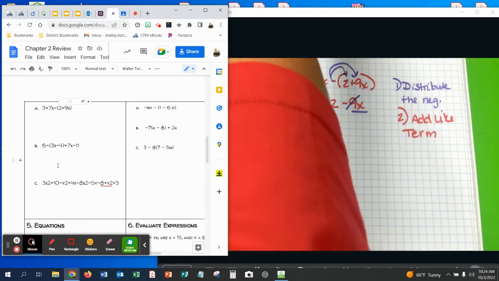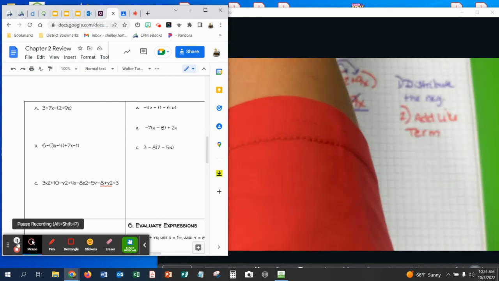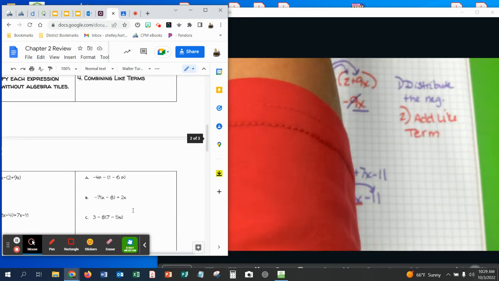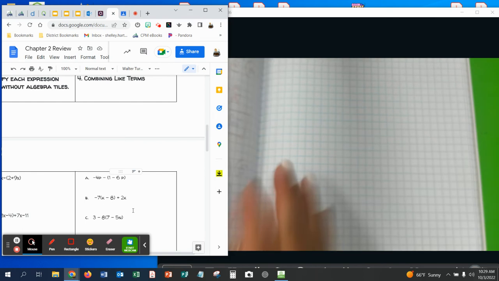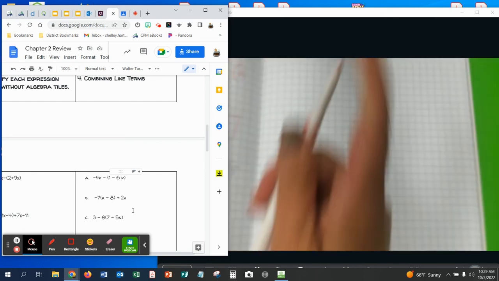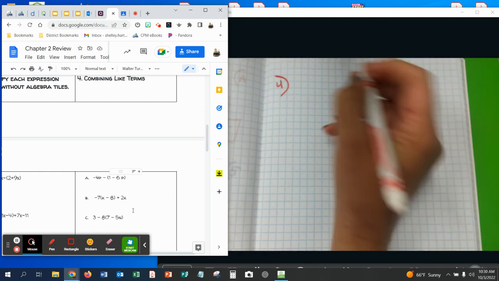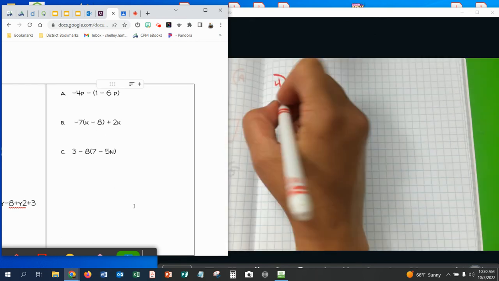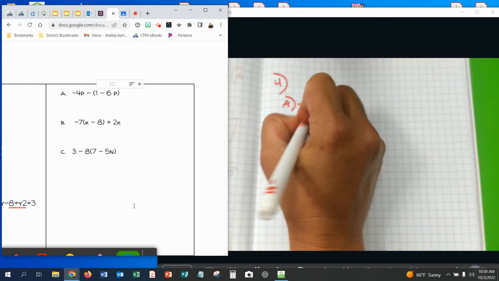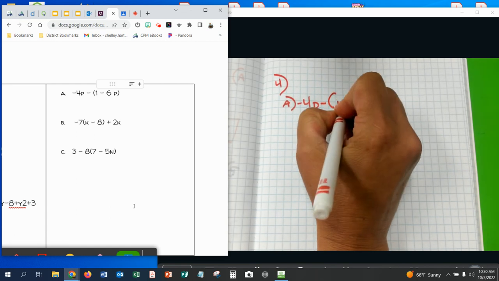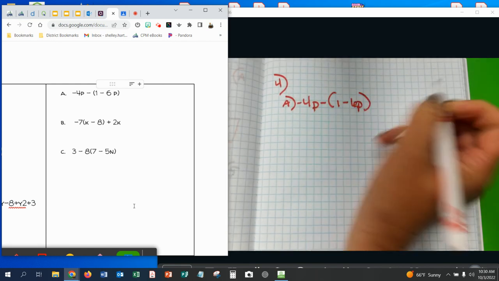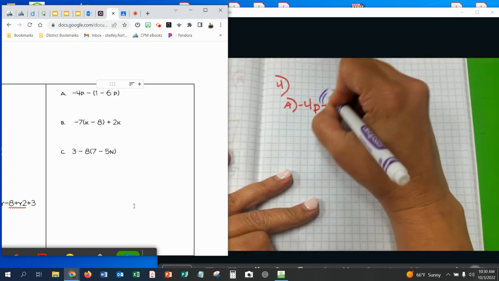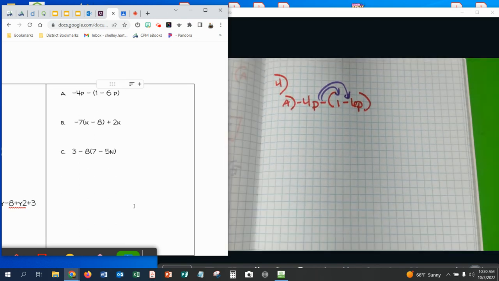All right, so we are going to move on to combining like terms. Number 4, and then we'll do A. We have negative 4p minus 1 minus (6p). The first thing I'm going to do is distribute this negative, boom, boom, and then rewrite.